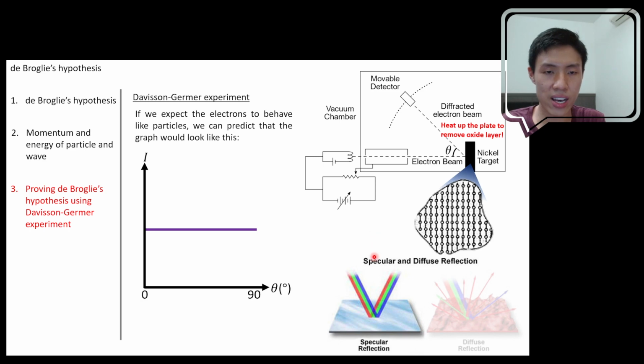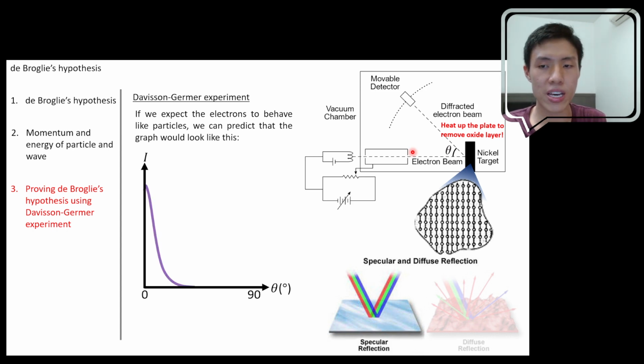It's just like you shine light perpendicularly on the surface. You should expect that the reflected light will reflect off perpendicularly out from the surface as well, right? So you should expect that for this case, the electrons will be reflected off to the left. Okay, so the kind of result that you might be expecting is at 0 degrees, which is somewhere around here, you should expect a high intensity of electrons, because that's where most of the electrons get reflected off.